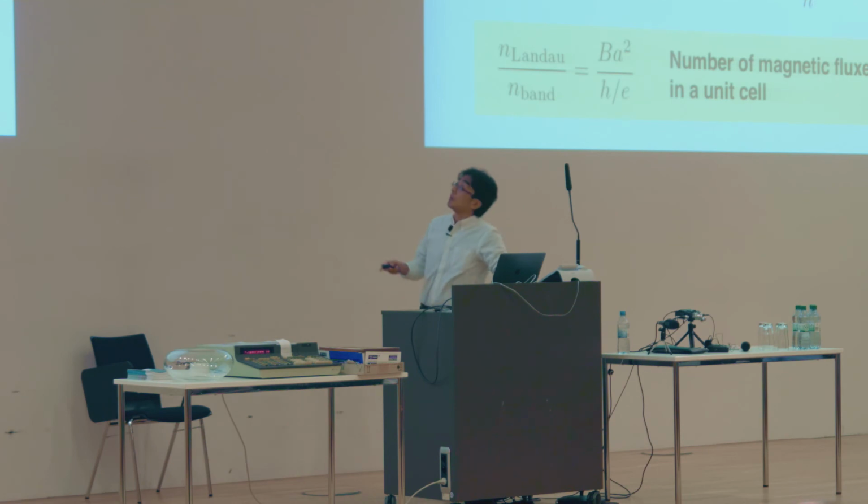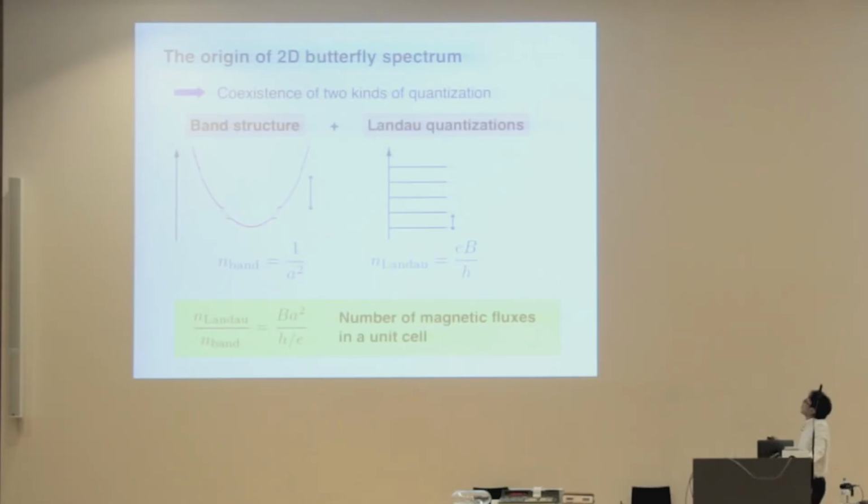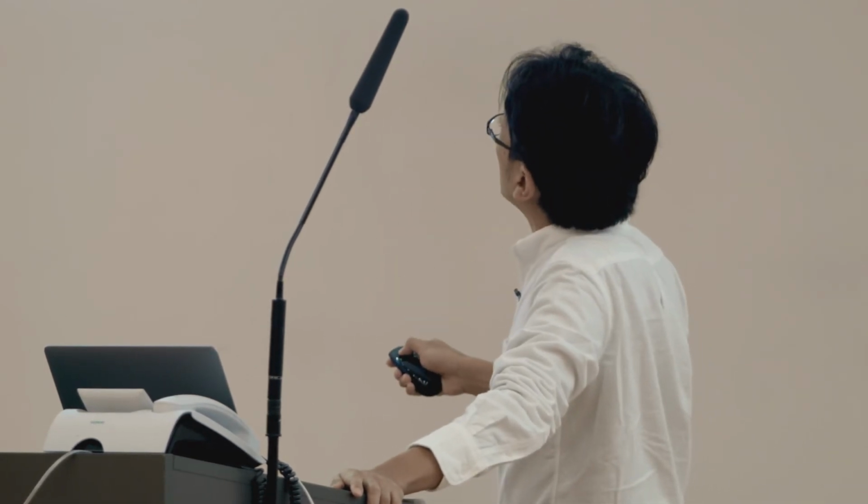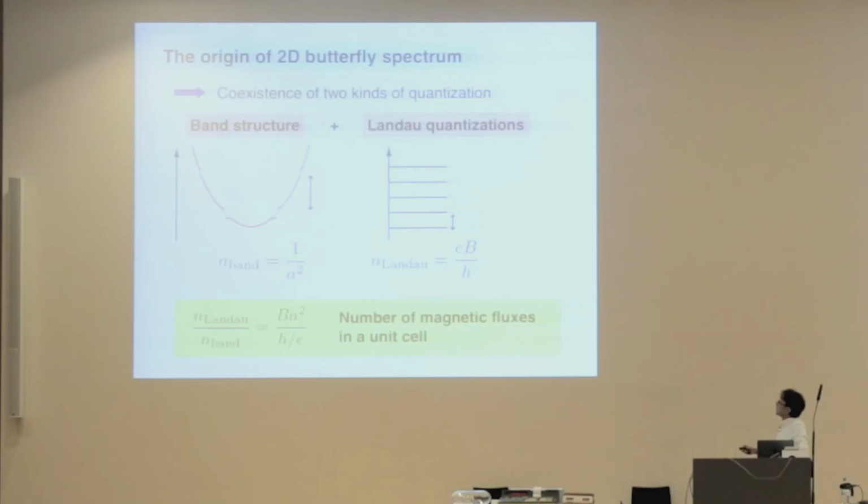The origin of the two-dimensional Hofstadter butterfly spectrum comes from the competition of two different periods. In this original 2D butterfly, when you have a periodic potential in the x and y directions, we get a band structure. And of course, the density of states is separated in units of 1 over a squared.